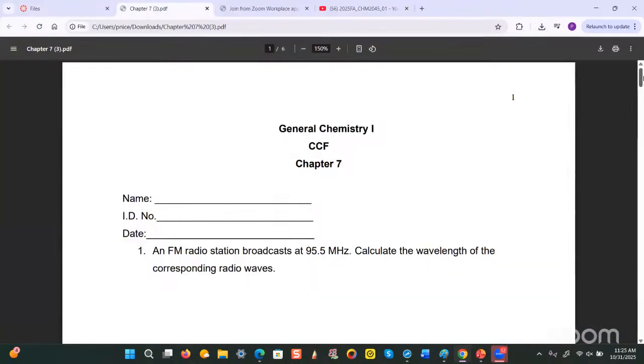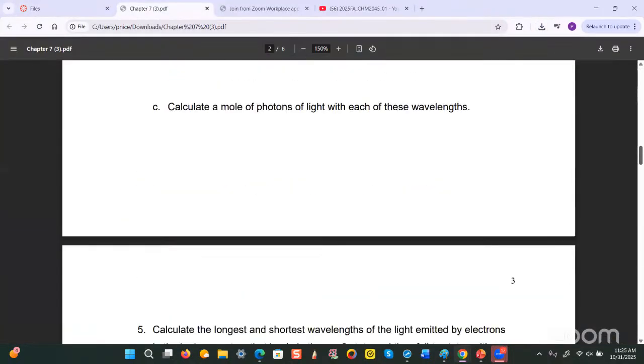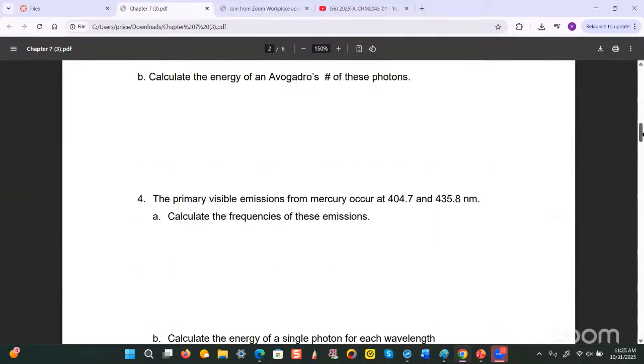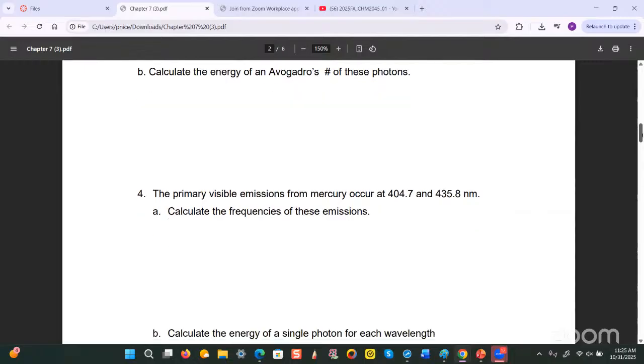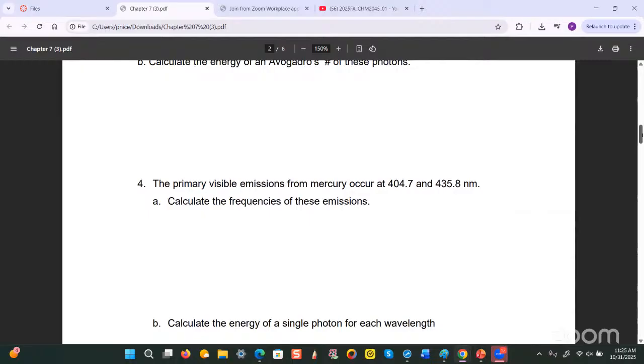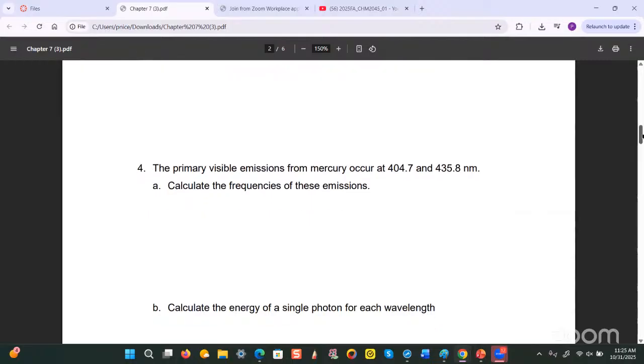I think we stopped in the middle of one of them. Did we get as far as number 4? 4A, 4B. I think we got as far as 4.